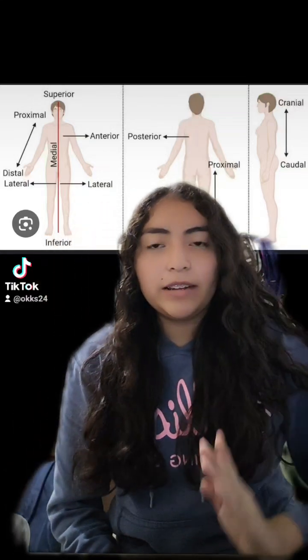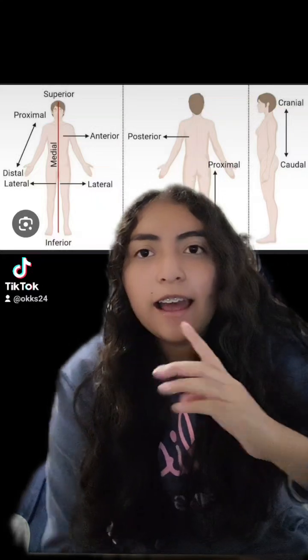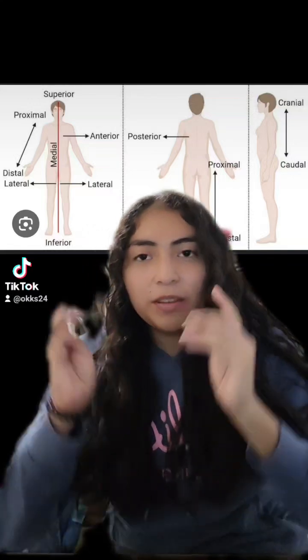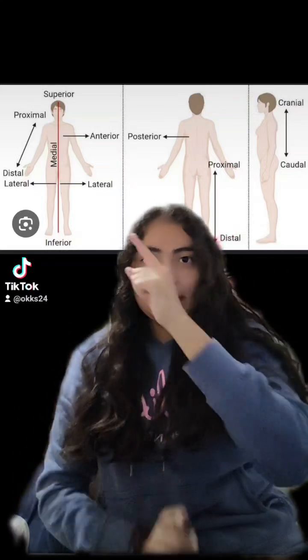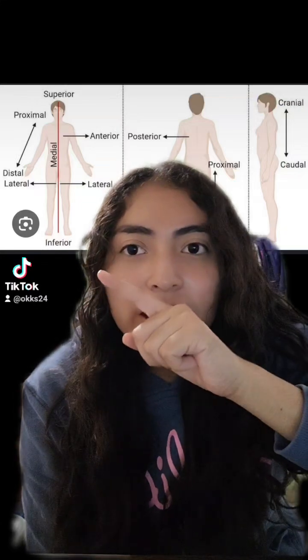Then if we divide the body in half, we have here the medial, like this part, as we could see in the image, and the other part would be the lateral. This part here on the feet would be the inferior.